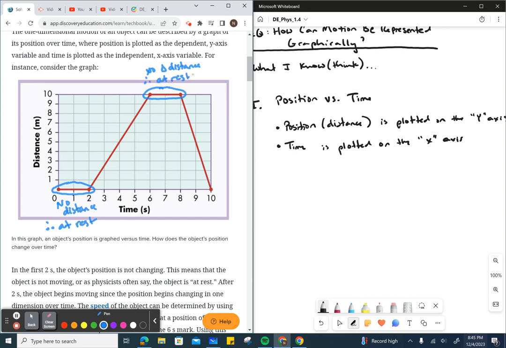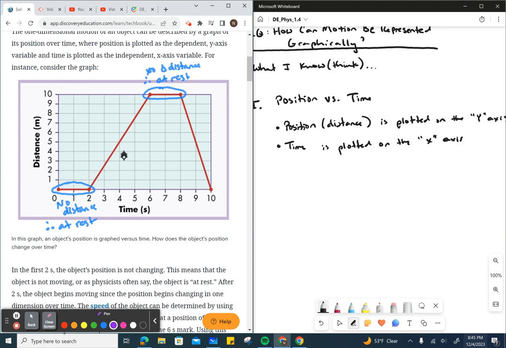Now, if we go with some different colors here, let's go with this one. From 2 seconds all the way up to 6 seconds, we have a straight line.